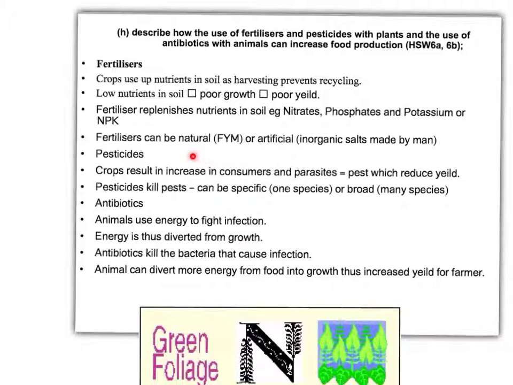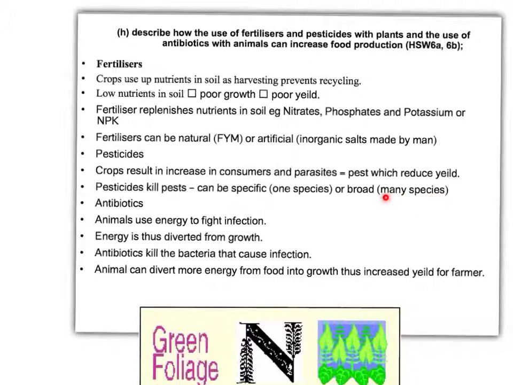So what we need to do is to control these pests. And we can use chemicals called pesticides which kill our pests, and these can be specific, which just kill one species of pest, or they can be a broad spectrum pesticide which kills many species.